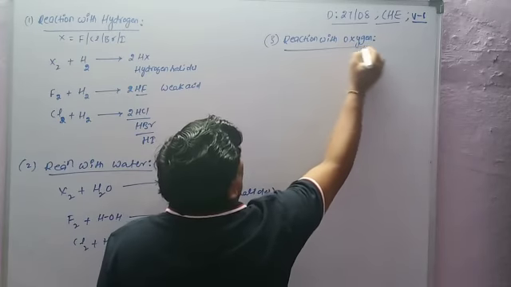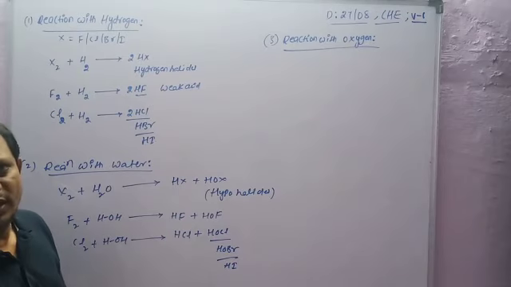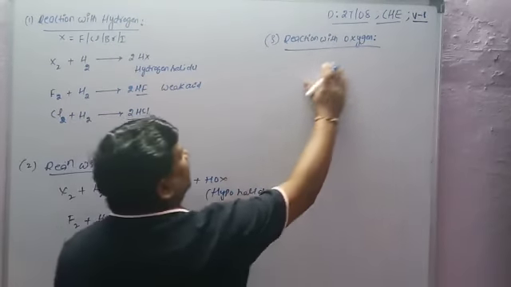Generally, mainly fluorine or chlorine react with oxygen, giving the corresponding oxides.